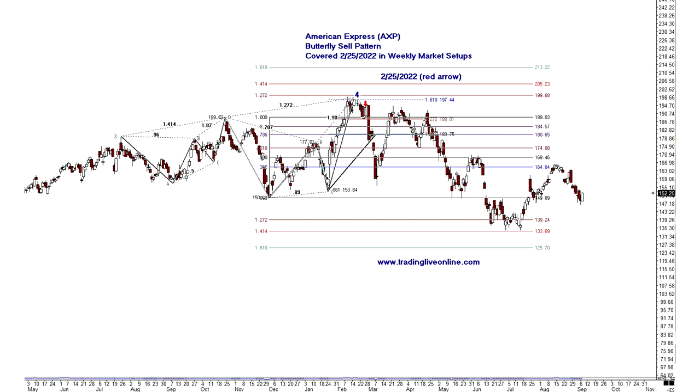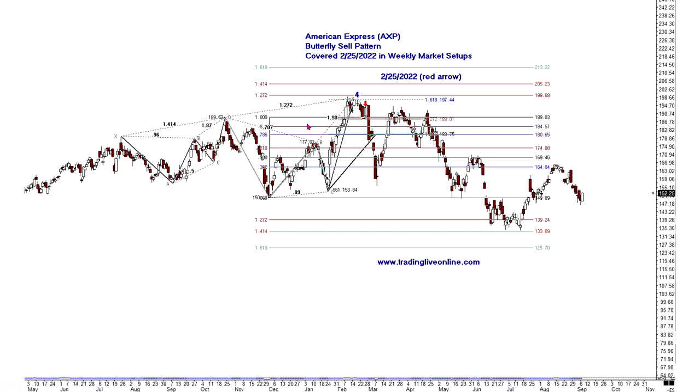So in this case, the first butterfly pattern got a nice move to the downside, then rallied up again. There's an A, B, C, D cell, retracement, and that formed the last leg of this larger butterfly. So this would be the X point, A, B, C, and an extension on the C to D leg.